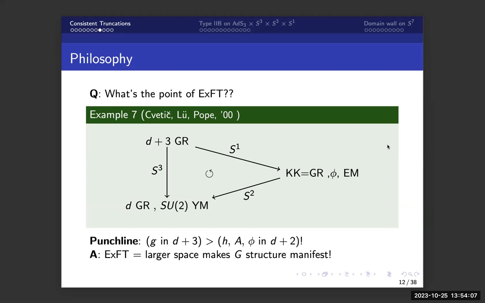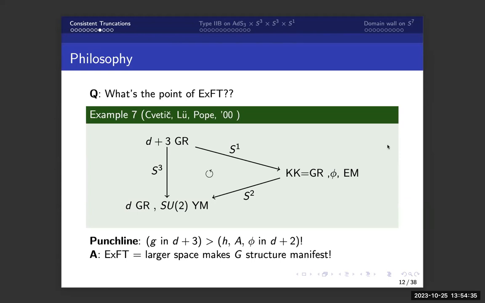Whereas from the d+3 dimensional point of view, it's clear what you're doing, because you're just doing a reduction on a group. And there's a theorem which tells you why the truncation is consistent. So you have much better control over what you're doing if you work here than if you go directly from here.